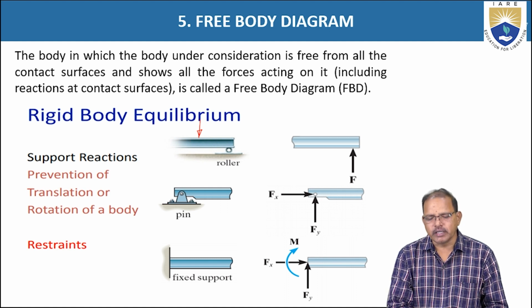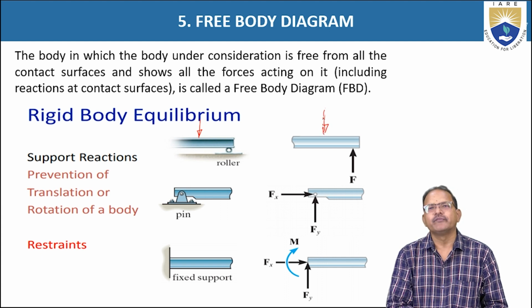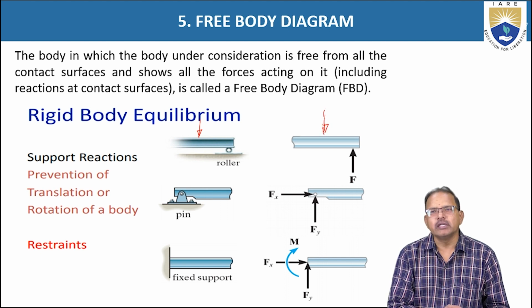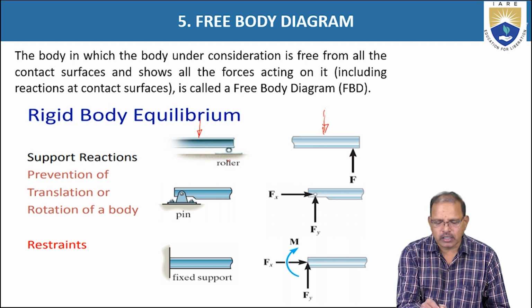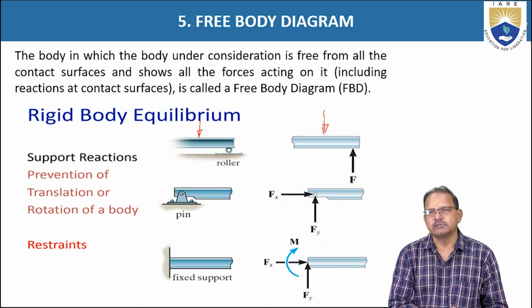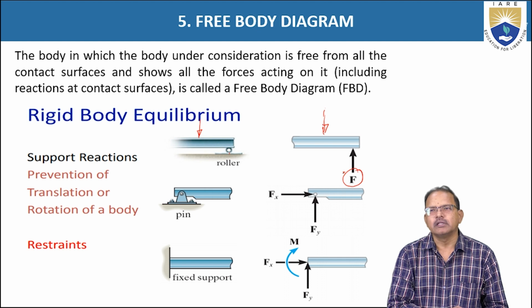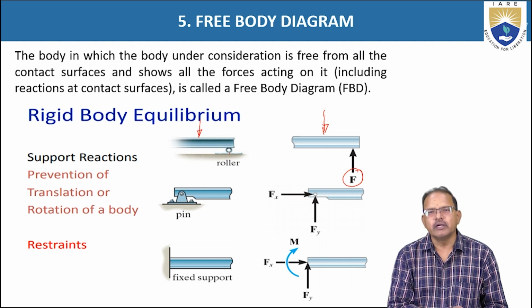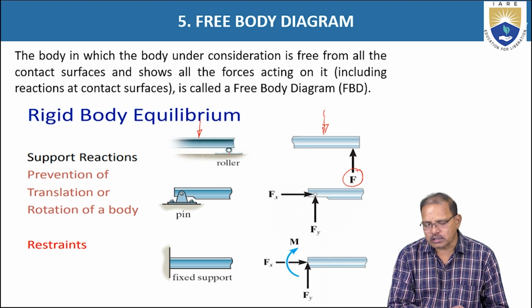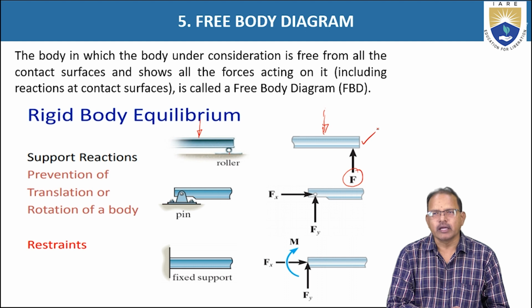When the body is represented with the forces acting on it, as well as the reactions offered by the support, here the roller is preventing its motion in the downward direction. And so the reaction F is kept here, which is equivalent to the reaction offered by the roller on the body. Then this body is treated as a free body diagram.